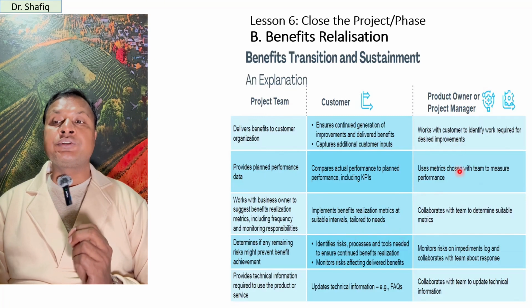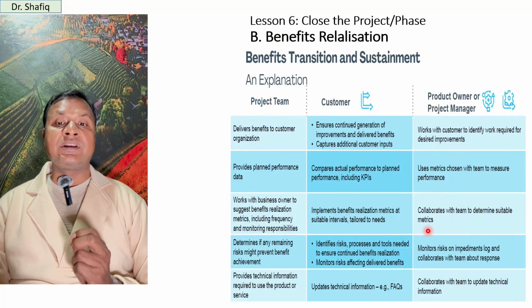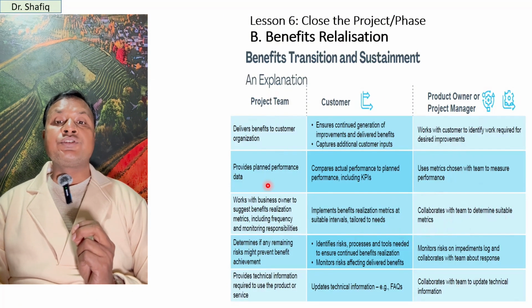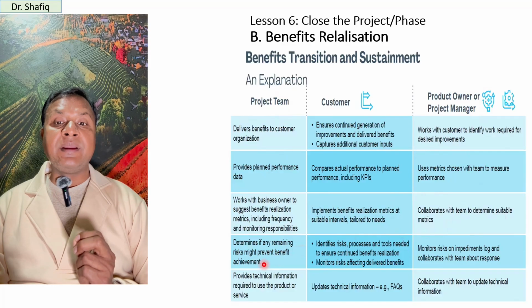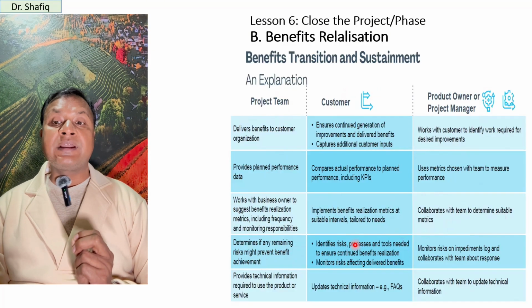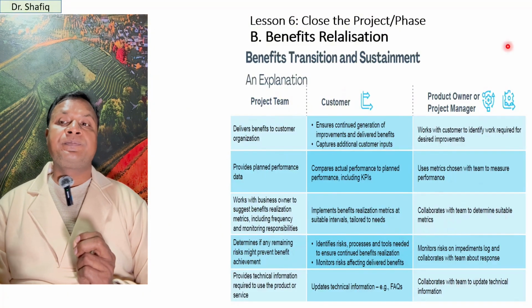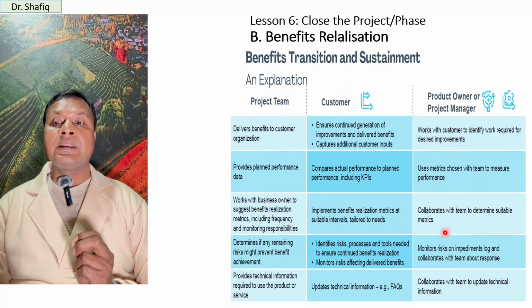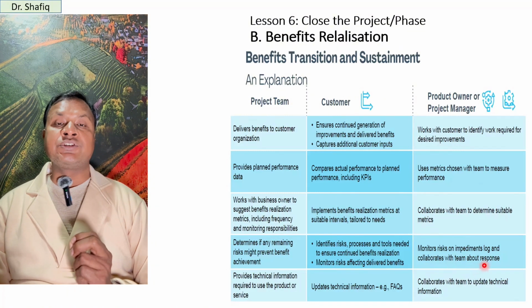The product owner or project manager collaborates with the team to determine suitable metrics. The project team determines if any remaining risk might prevent benefit achievement. The customer identifies risks, processes and tools needed to ensure continued benefits realization. The product owner or project manager monitors risk on the impediments log in collaboration with the team and responses.